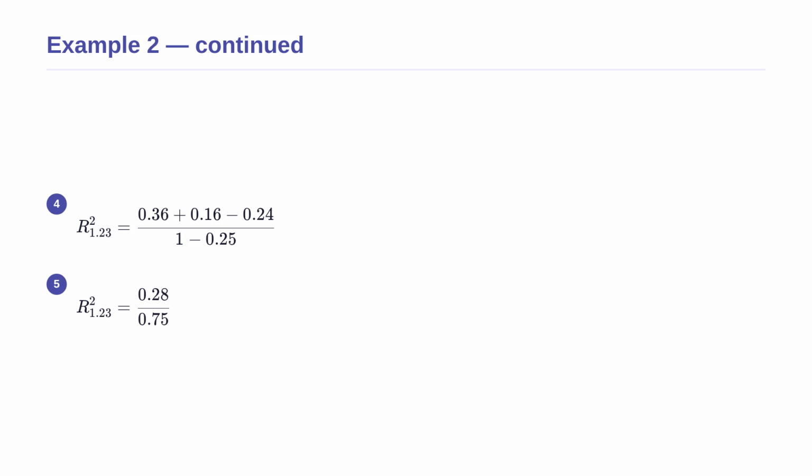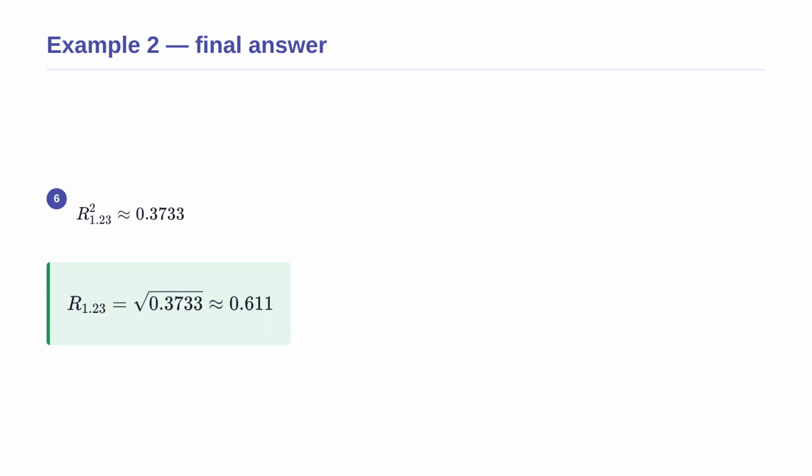Now, we perform the addition and subtraction in the numerator, which simplifies neatly to 0.28, and the denominator simplifies to 0.75. Finally, we divide 0.28 by 0.75 to get our coefficient of determination, which is approximately 0.3733. This means the predictors jointly explain about 37% of the variance in college GPA.